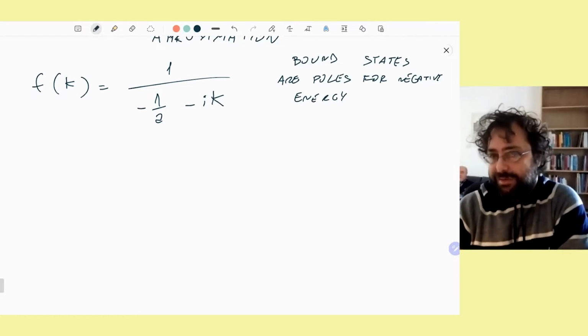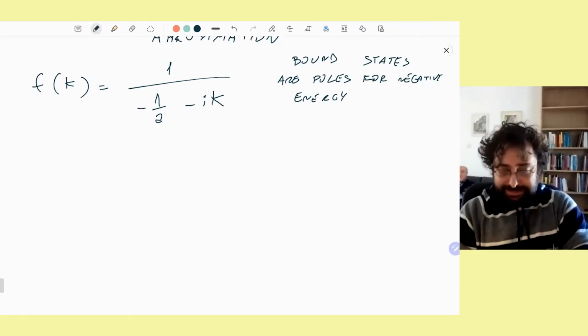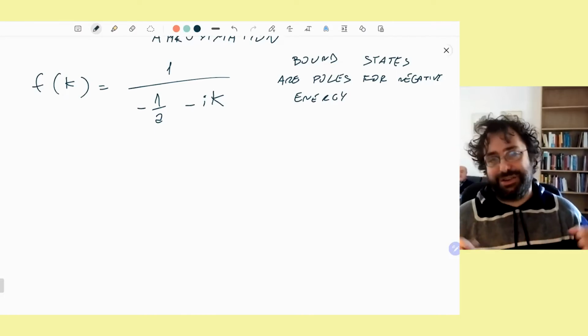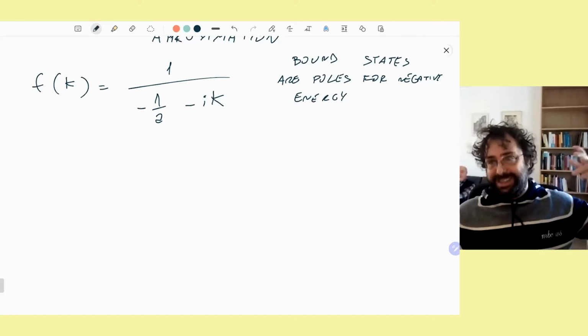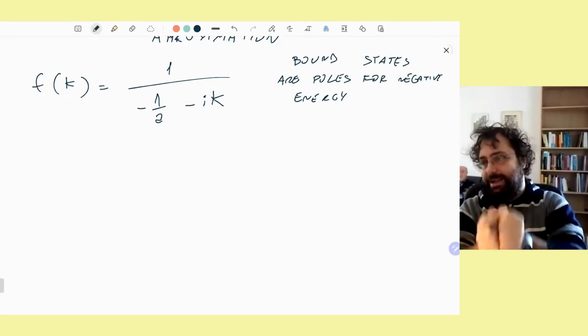So the existence of other states must be signaled by the fact that there are poles. And for negative energy, because the bound state has a binding energy, if you start from physical scattering, so you have positive energy and energy conservation, they cannot just fall into a bound state.